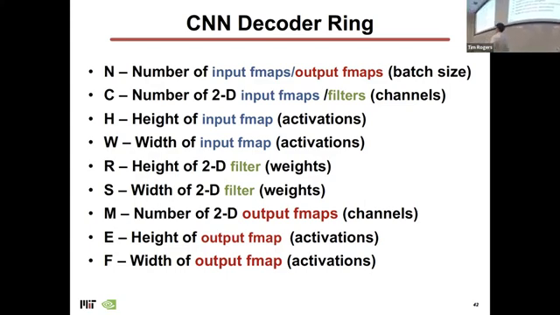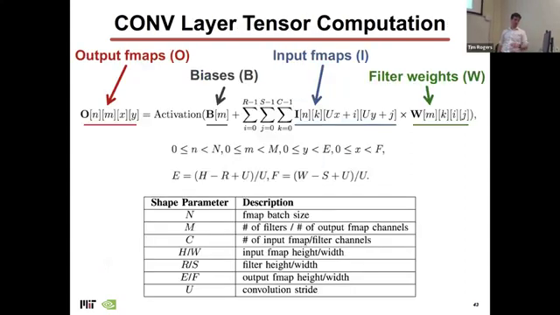The dimensions are the things I just showed you on the previous slide, how we scale up this convolution across different inputs, different channels, and producing different outputs. Everything here is just a written down version of what I've already said. Questions on that?